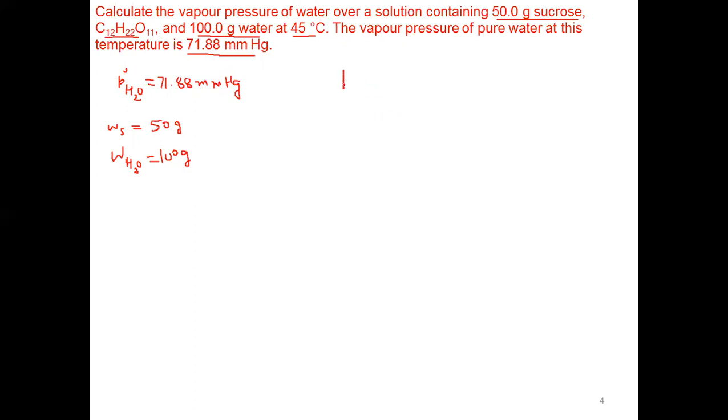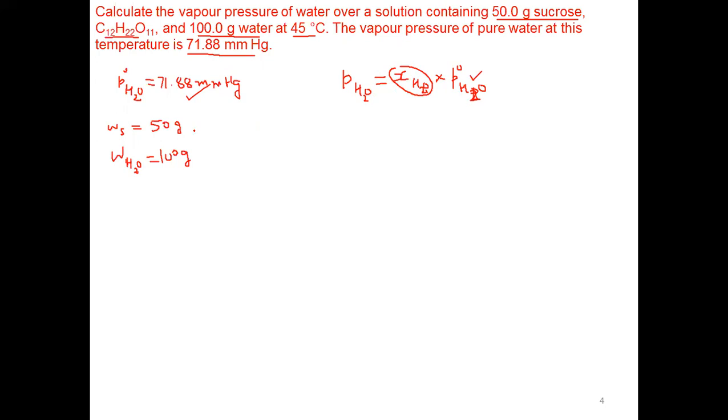So we will apply Raoult's law, which states that the vapor pressure of a component in a solution, we have to calculate for water, so P water is equal to the mole fraction of water in the solution multiplied by its vapor pressure in pure state, which is given. P water naught is given. We just have to calculate now the mole fraction of water.